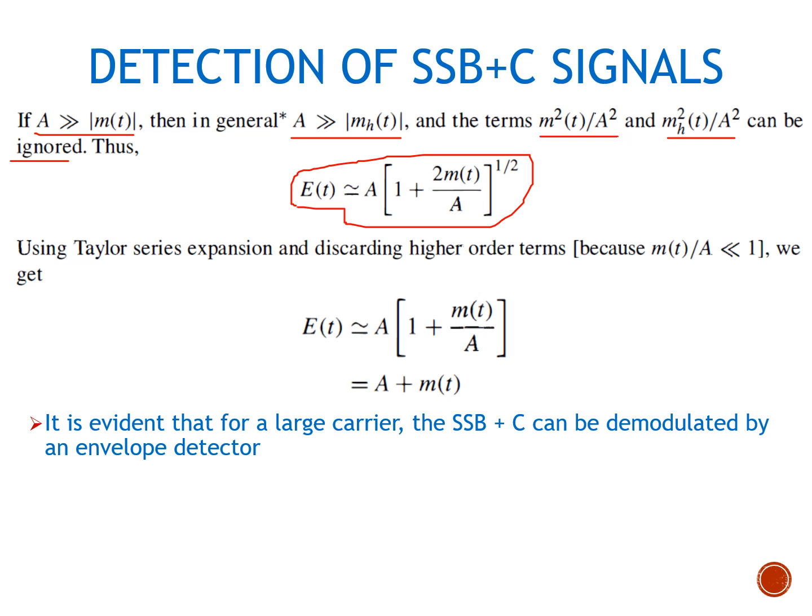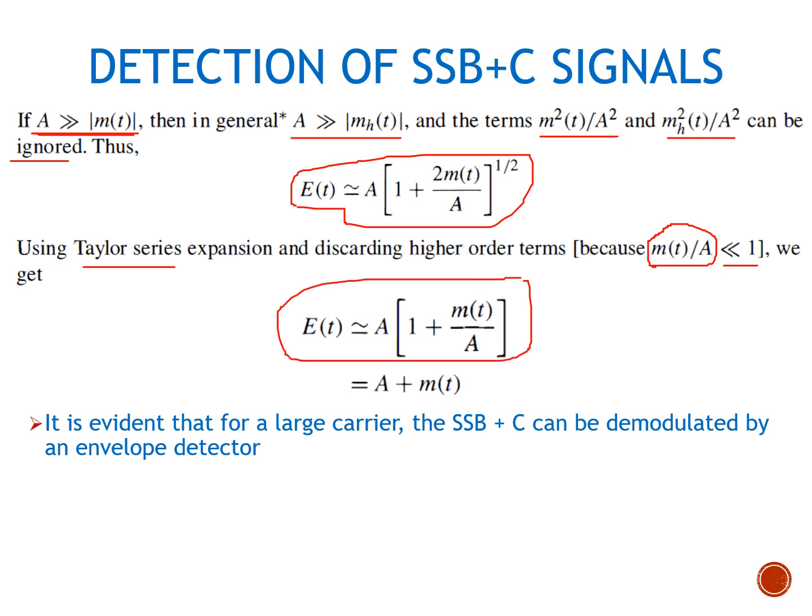By using Taylor series expansion and discarding the higher order terms, the terms that have MT by A in them, they can be discarded because these terms are generally very small compared to 1, provided A is much greater than MT. So when we do that, we are left with this expression.